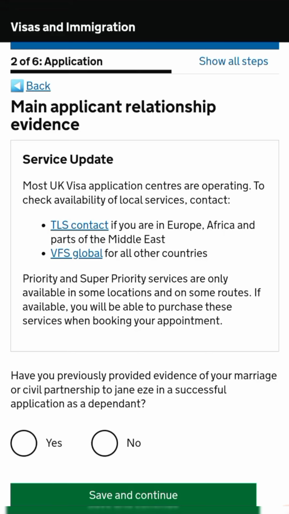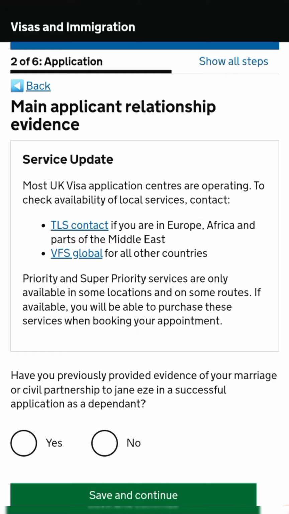So here we are. This question is trying to determine your relationship evidence. The question is, have you previously provided evidence of your marriage or civil partnership to Jane Eze in a successful application as a dependent? Now, don't forget that Jane Eze in this situation is the student, right? And so this question is asking you if you have submitted evidence of your marriage to Jane in any successful application as a dependent.